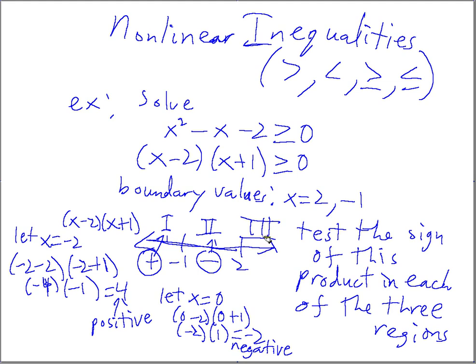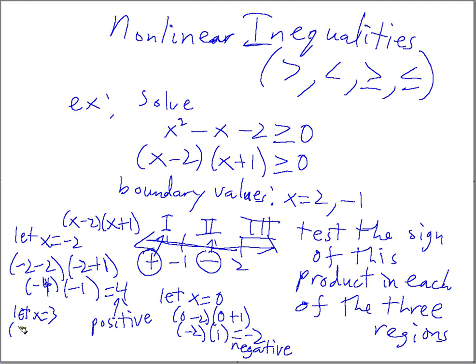Okay, how about region 3? Give me a number for what's in region 3. Well, how about the number 5? How about the number 3? Anything bigger than 2 will do, right? So let's test that. Let me let x equal, let me see if I can fit it in here into the small space I have left. Let x be, let's say, 3, for example, for the third region here, right? So let's plug it in.